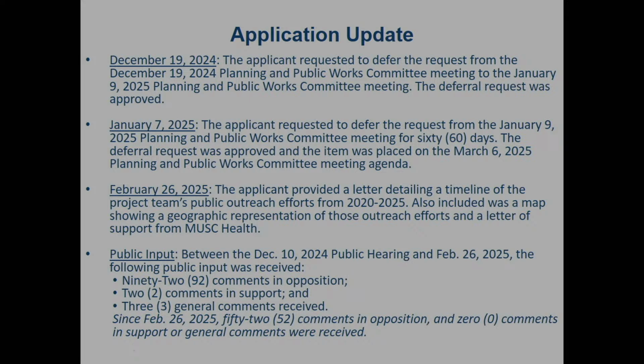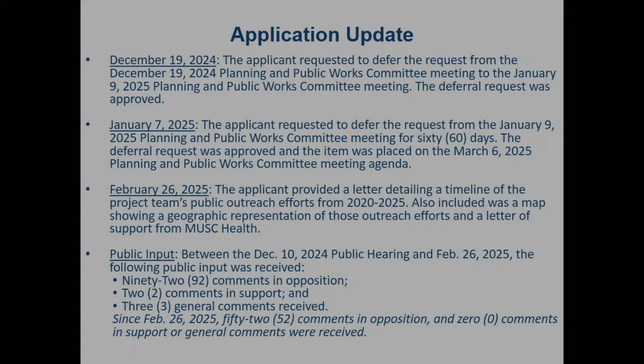This is the application update slide I had mentioned, with a timeline of what's happened since the public hearing, and also the updated public input numbers at the bottom in the last bullet. There was a deferral from the originally planned PPW meeting, and it was moved to today's date.